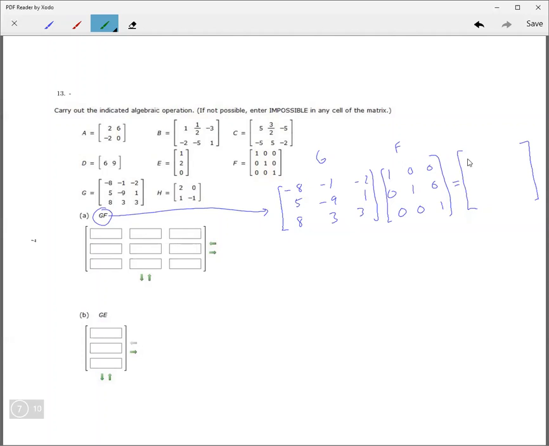So if we do this slot here, that's going to be that and that. And so negative 8. And then the other entries are going to give you zeros because those are zeroed out, right? And if you look at this slot here, that's this one and the second column.